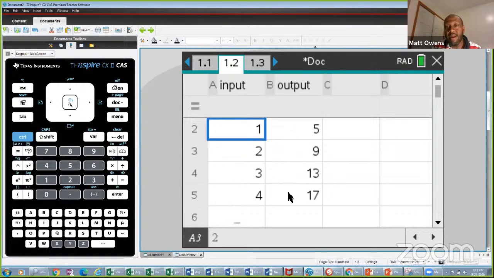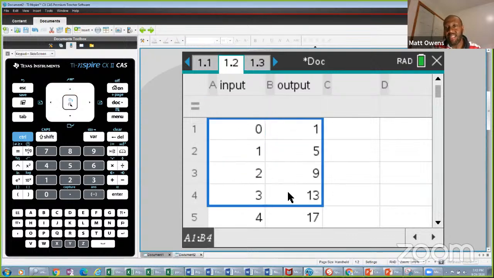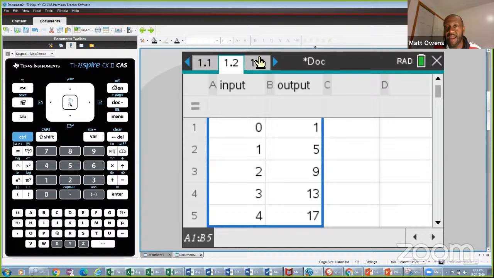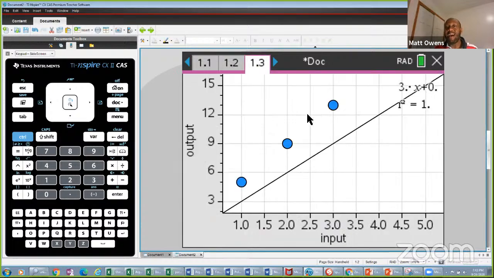If I go back to my model, now things change. I intentionally did this because my input and output still remained the same, but now my regression equation is totally different.